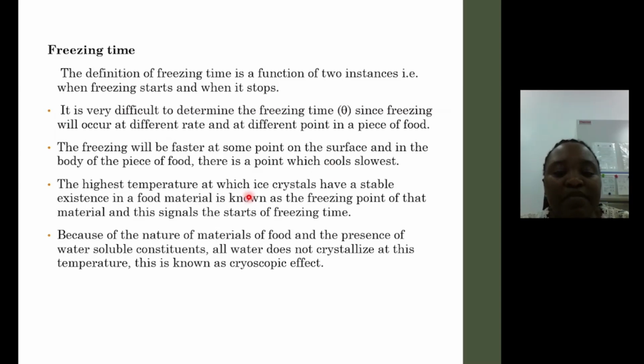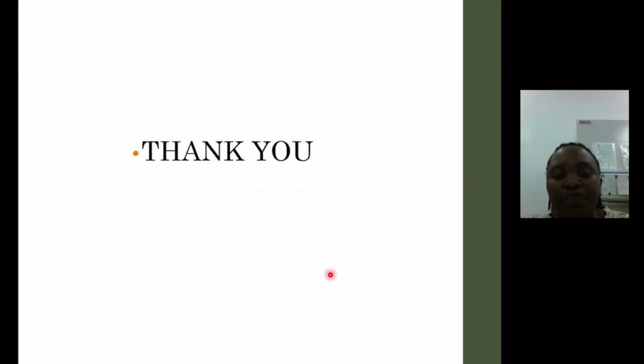The highest temperature at which ice crystals have a stable existence in food material is known as the freezing point of that material, when we are able to have stable ice crystals. Because of the nature of food materials and the presence of water-soluble constituents, not all water crystallizes at this temperature, and this is known as the cryoscopic effect.